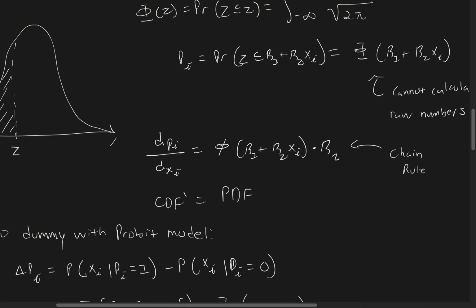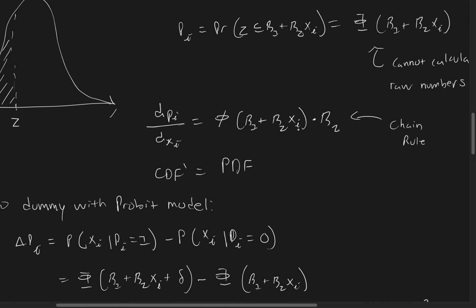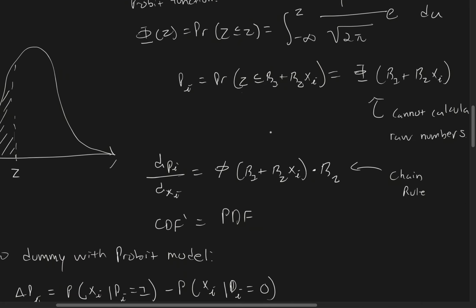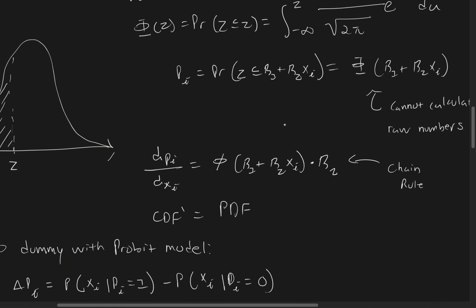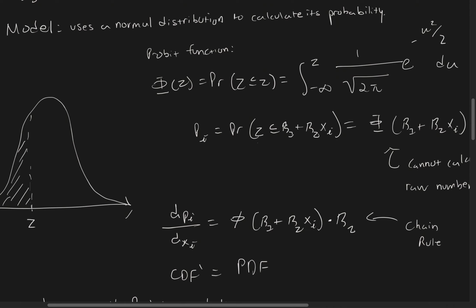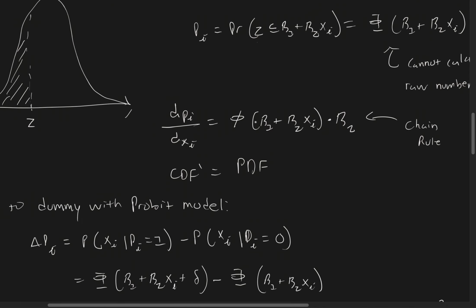Because we are finding the derivative of the whole function, we have to use the chain rule. The derivative of the whole regression function in a Probit model is given by the density of the regression function times the beta 2 by the chain rule.